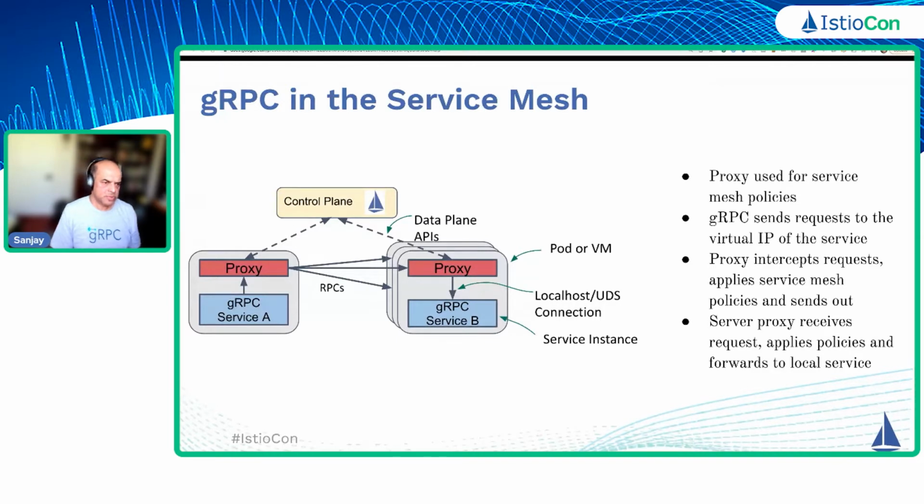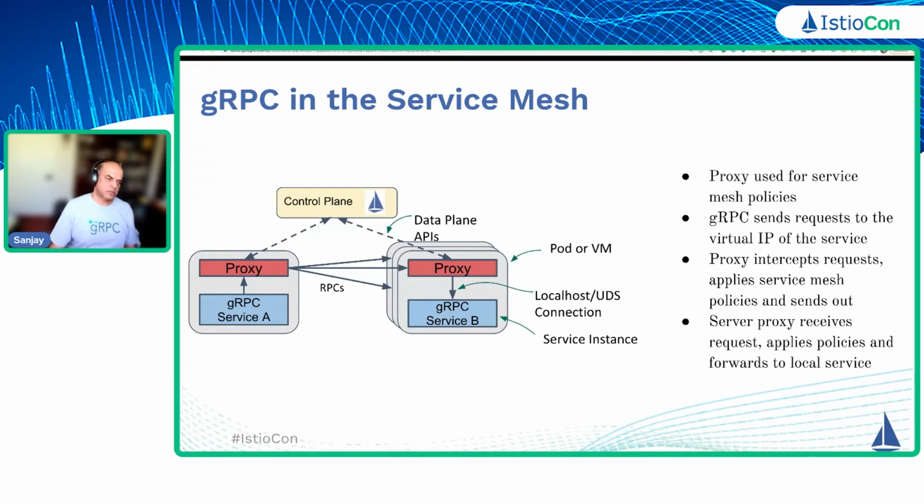Then the apps shown here in blue boxes, they are not aware of the service mesh. The proxies implement the service mesh transparently. Service mesh includes features like service discovery, routing, load balancing, security, and observability.